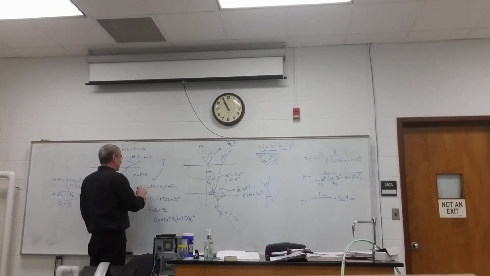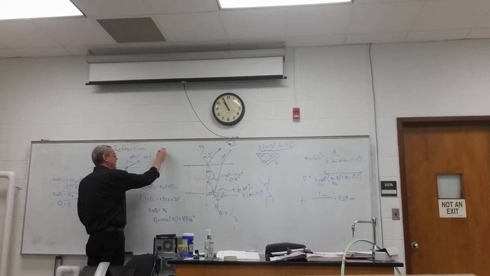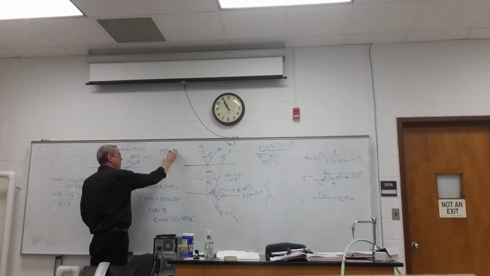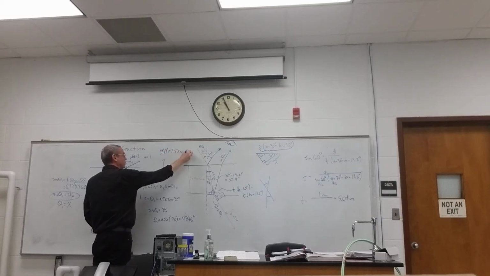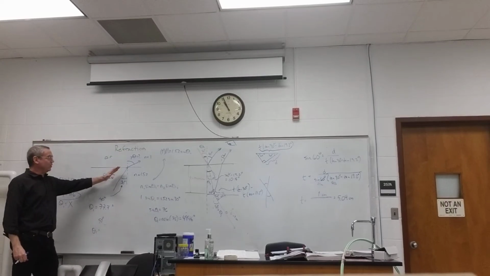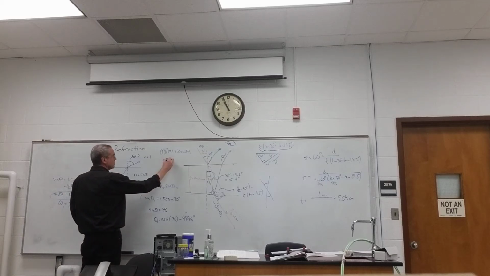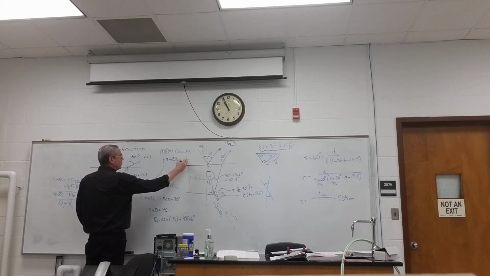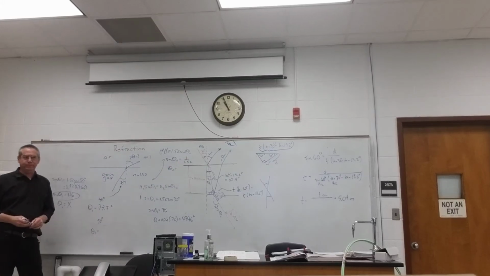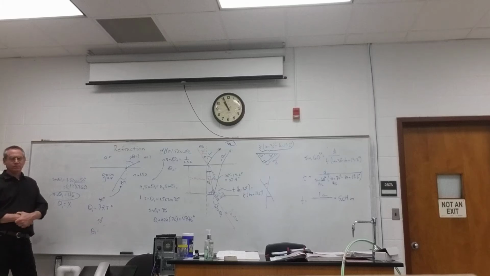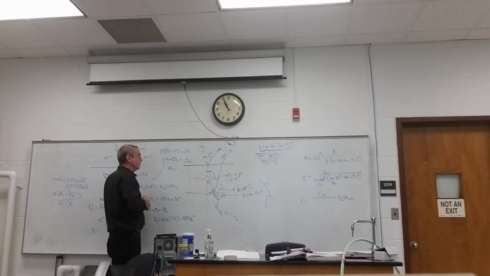Well, given our index of refraction here is 1, this is 1 times 1 equals 1.52 times the sine of theta 2. I'm trying to figure out what angle do I first hit that error? So sine of theta 2 would be 1 over 1.52. 41 degrees. 41.14.